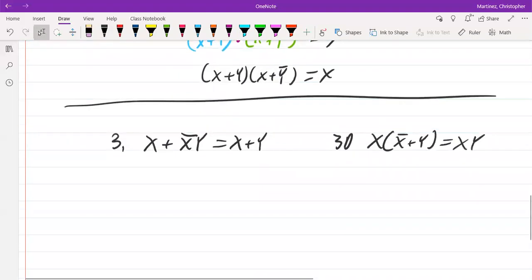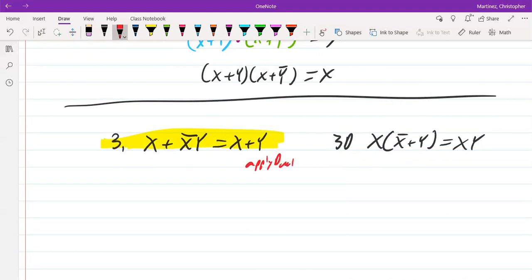Okay, so let's take this and let's do the dual on this part. We're going to apply the dual on that equation. Now, we're applying it for the entire equation. This is where this dual is different than De Morgan's. In De Morgan's, we didn't have it equal to anything. We just took the full expression and we did the modifications. Here we have an equal, so we're going to apply it to both sides.